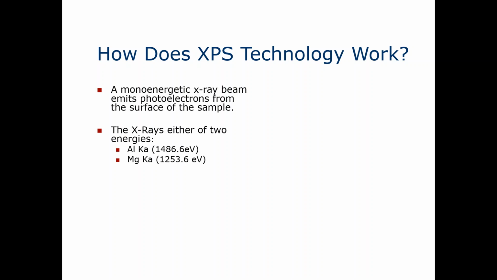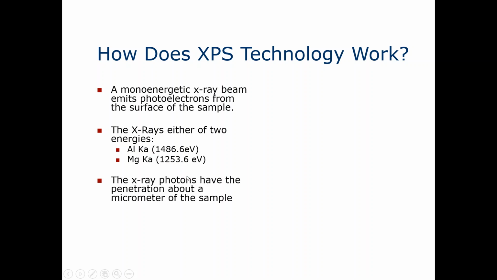The X-rays which we utilize during XPS analysis are of two types with respect to energy. We have aluminum K alpha, which has an energy of 1486.6 electron volt, and magnesium K alpha, which has an energy of 1253.6 electron volt.